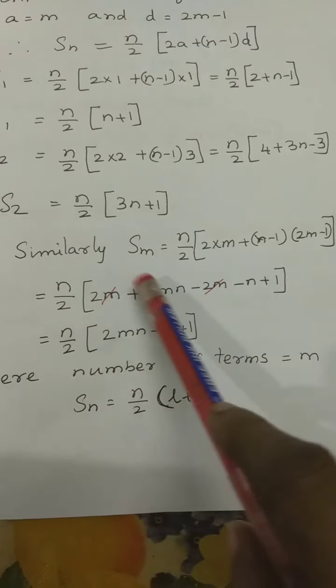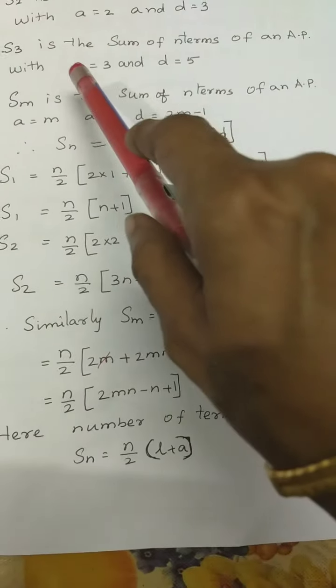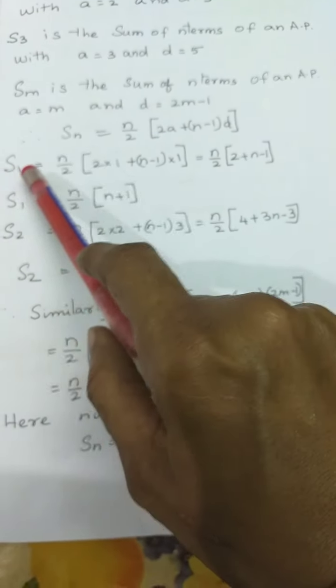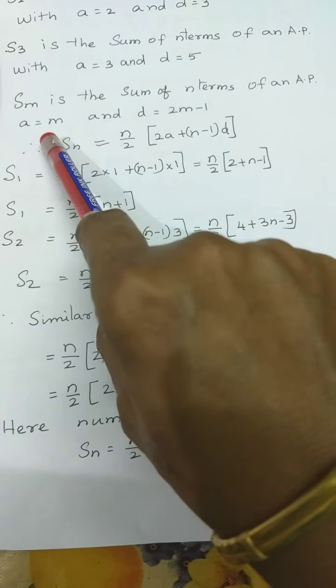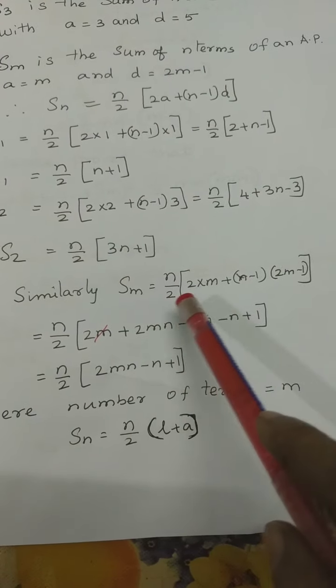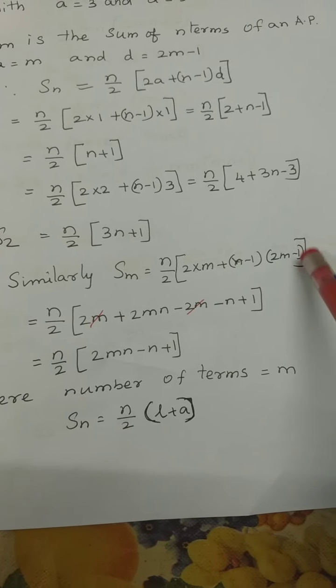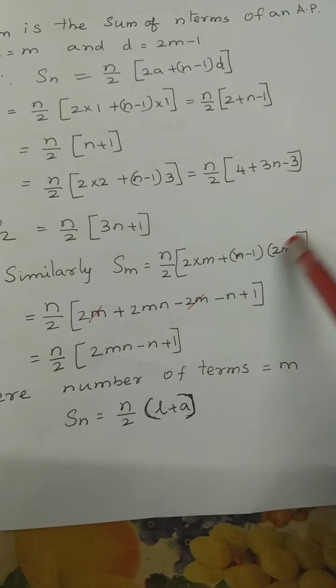Then next similarly Sm is equal to n by 2 into 2 into m. For Sm, A is equal to m and D is equal to 2m minus 1. So you are substituting here 2 into m plus n minus 1 into 2m minus 1. Then you have to multiply each term.